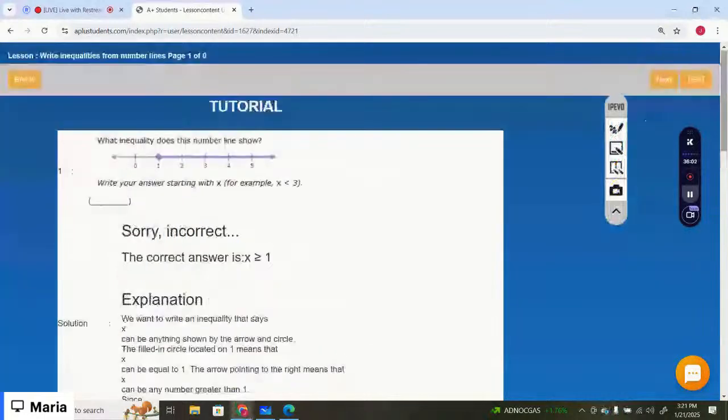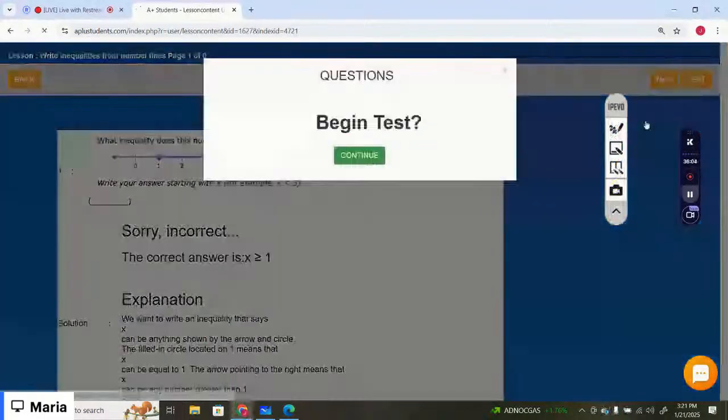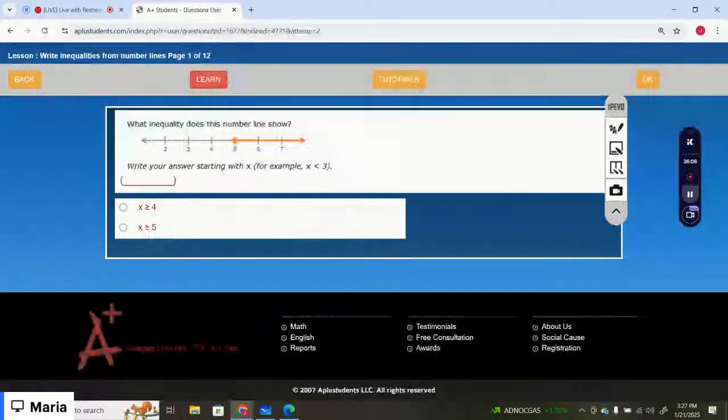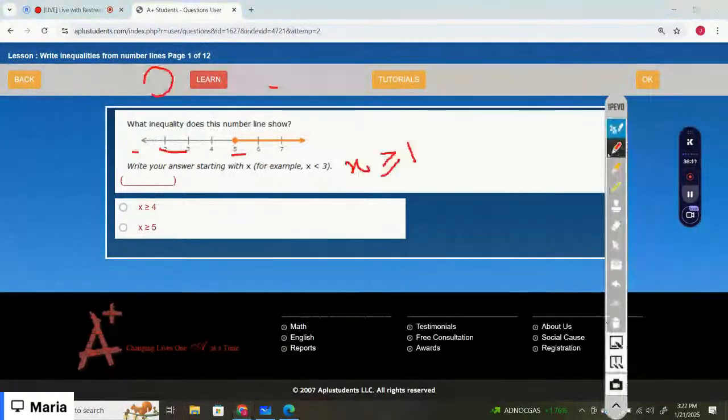Let's just start with the test questions. What inequality does the number line show? We have a filled-in circle on 5 and the values are increasing: 5, 6, 7. The arrow is pointing to the right-hand side.